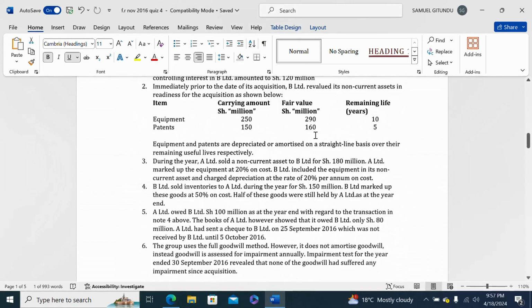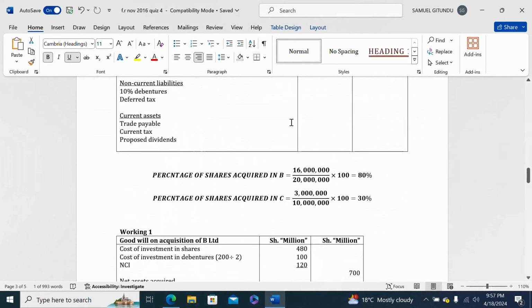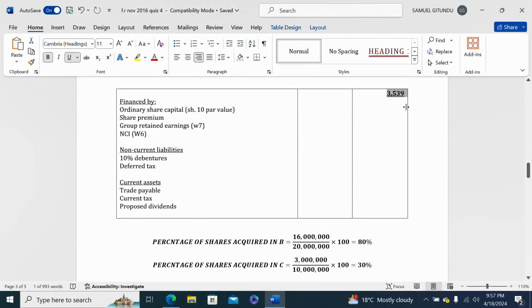So the ordinary share capital is 500, and the share premium is 200.